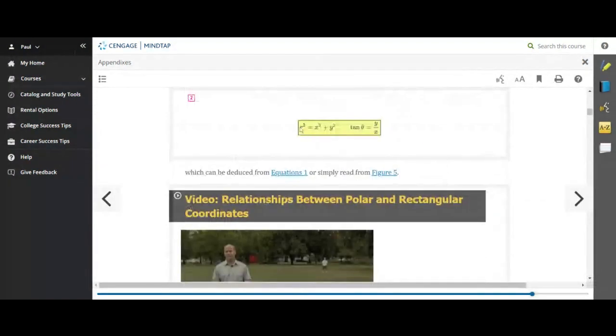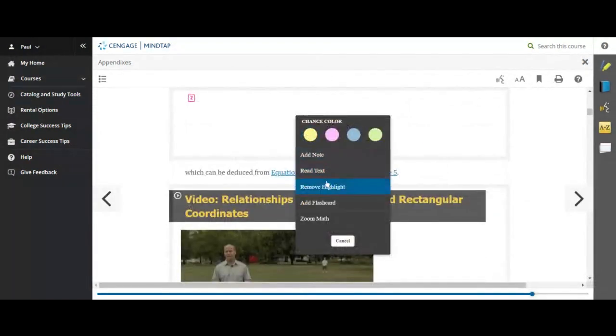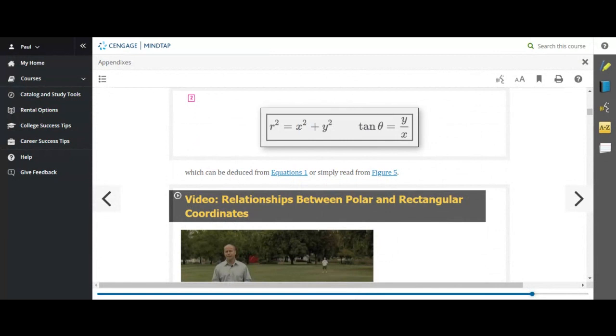A few more things too. We mustn't forget that with rectangular and polar coordinates, x squared plus y squared equals r squared, right? And the tangent of theta is equal to y over x, right?